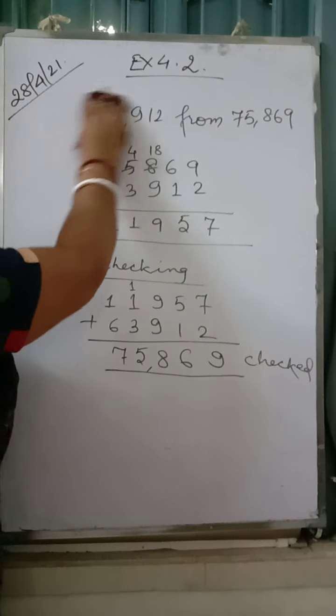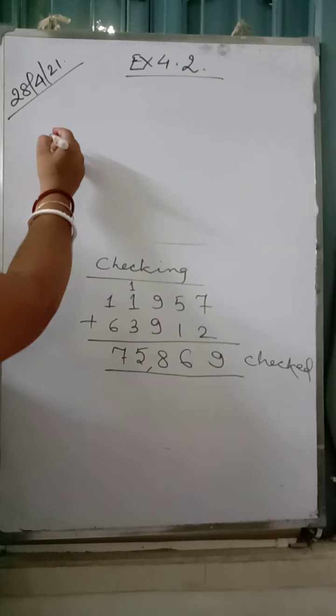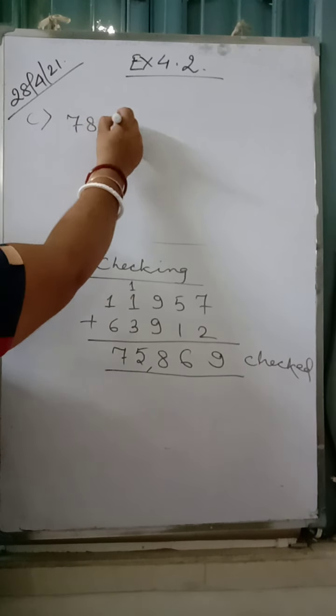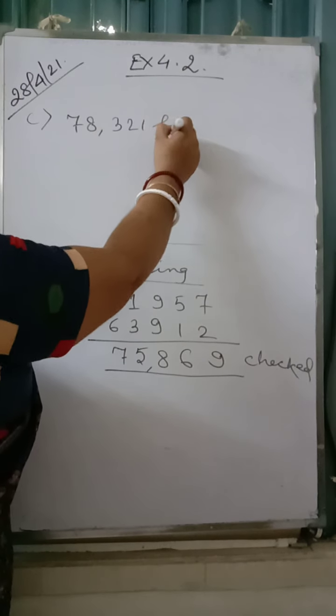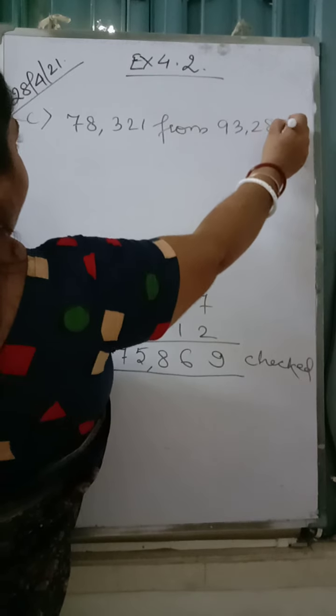Okay. Just see question number C. This is question number A. Question number C, it says, 78,321 from 93,287.